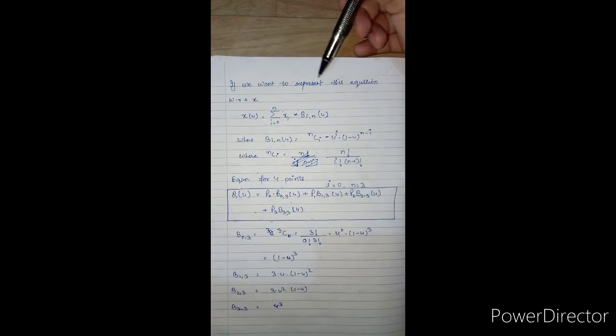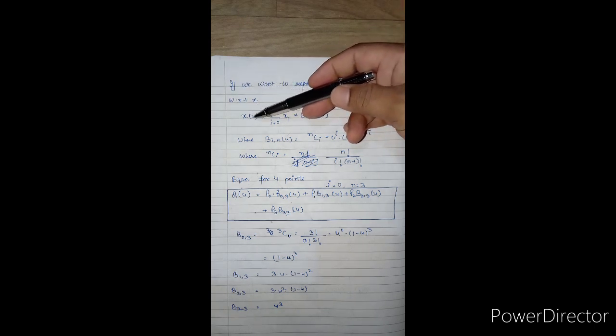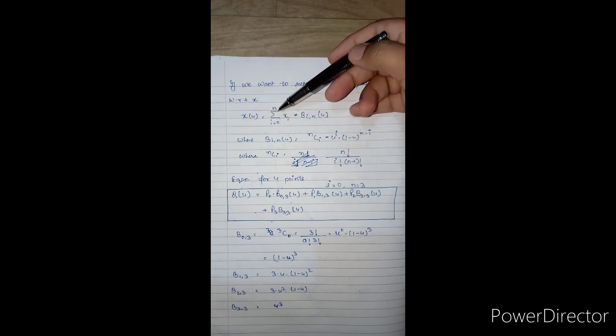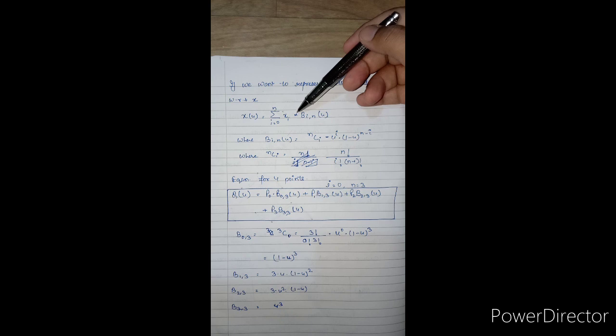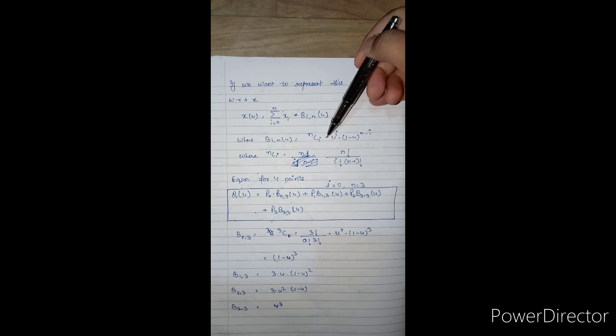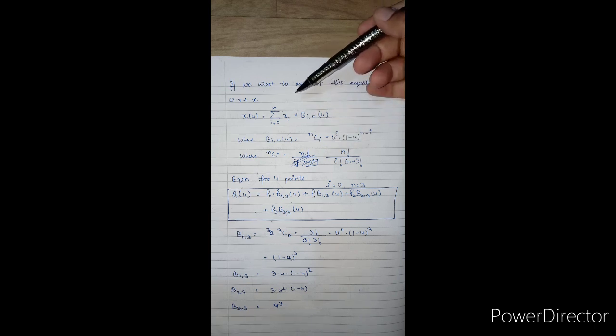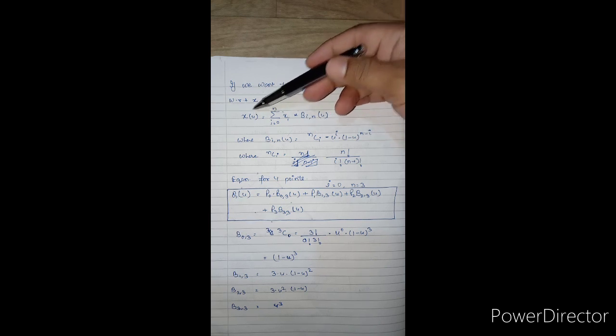If we want to represent that function with respect to u, then the function will be in the form of x of u, where bin is equal to nCi times u to the power i times 1 minus u to the power n minus i, where nCi is this function.